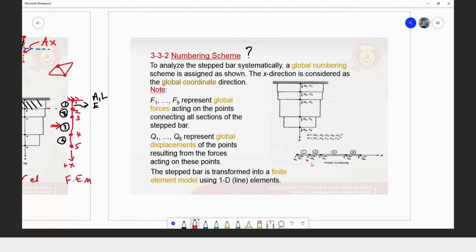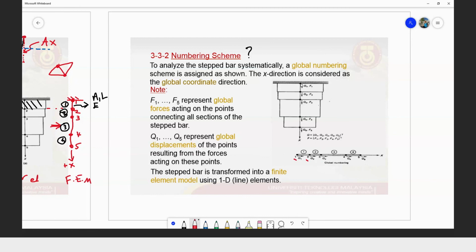Kita kena bagi tahu komputer. Kalau kita tak bagi tahu, komputer tu dia tak reti nak solve. So that's why we have the numbering scheme here. So numbering scheme is not only applied to the nodes numbering and also the element numbering. It also applied to the force.